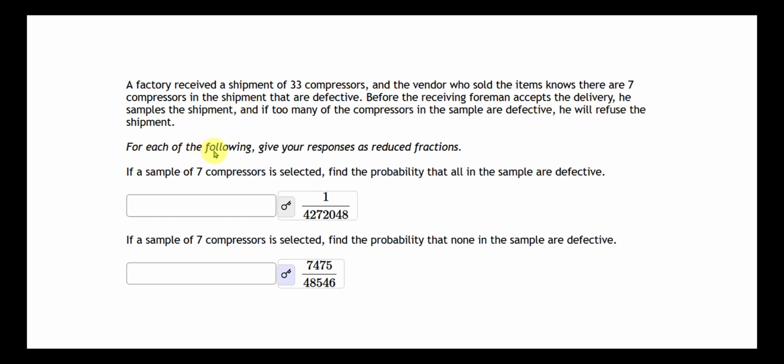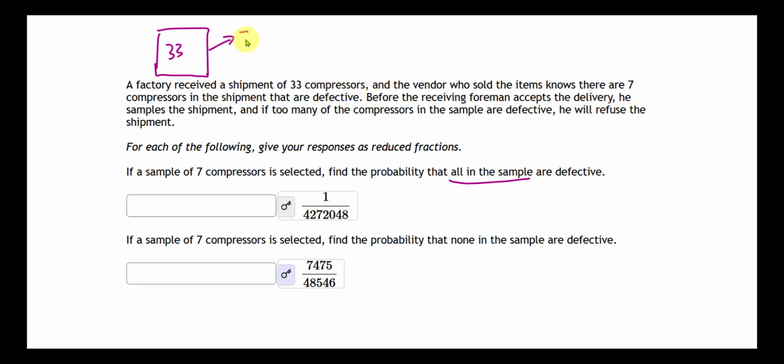So now we want to answer the following 2 questions. If a sample of 7 compressors is selected, find the probability that all in the sample are defective. Okay, so first thing is we draw a picture of the problem. Here we have the total of 33 compressors, and we know that inside the 33 compressors, 7 of them are defective.